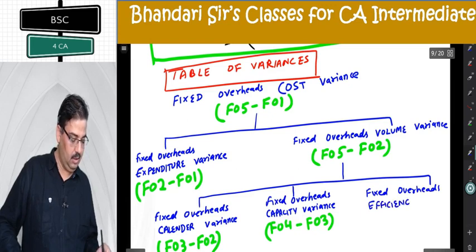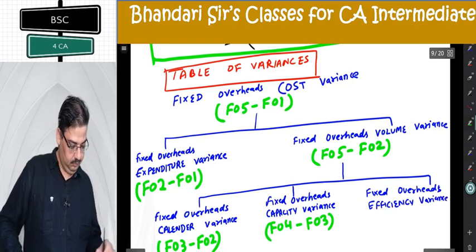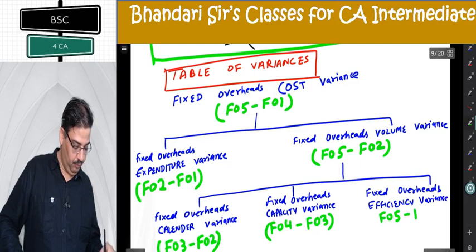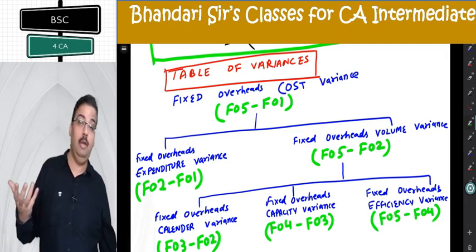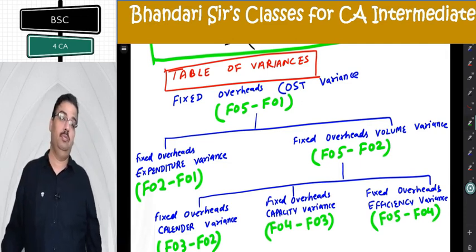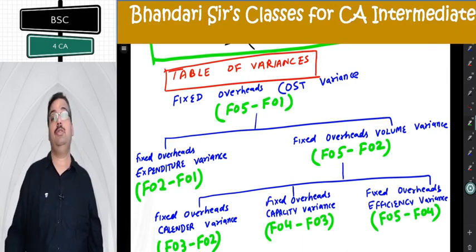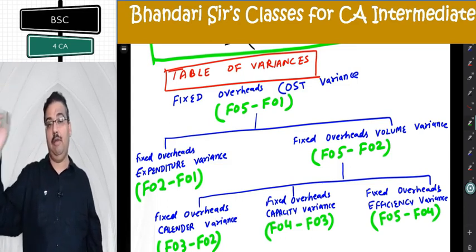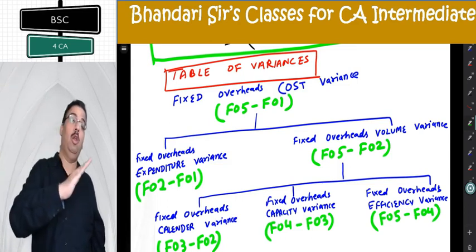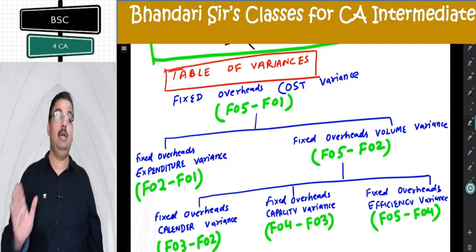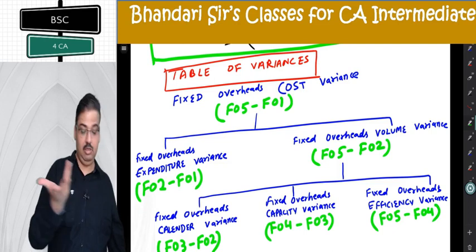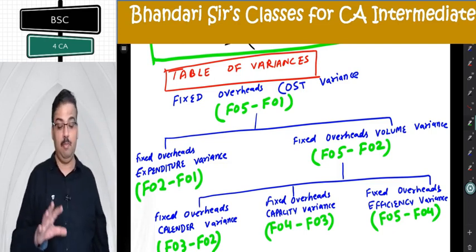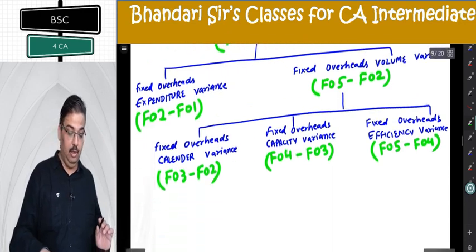Fixed overheads efficiency variance: FO5 minus FO4. Same point keeps on coming to my mind: why are they called so? You'll get to know in detail in the interpretation lecture. At the moment, just remember in sequence: on the top cost, left hand side expenditure, right hand side volume, under volume, first one is calendar, capacity, efficiency. Then it is reverse counting only that I am writing. So you should be able to remember the variance table. There is one note also to remember.